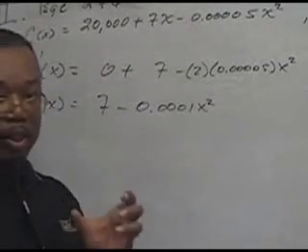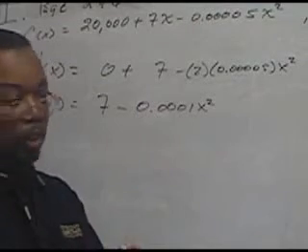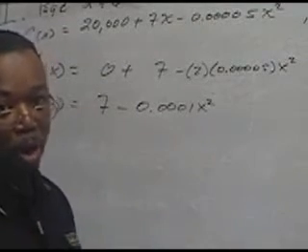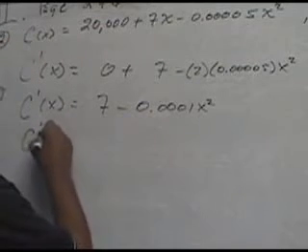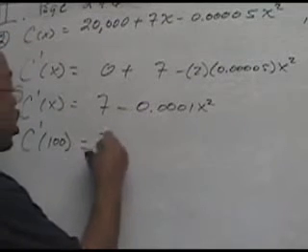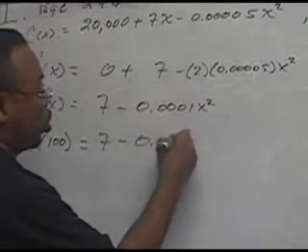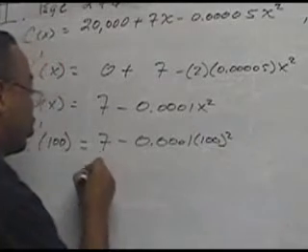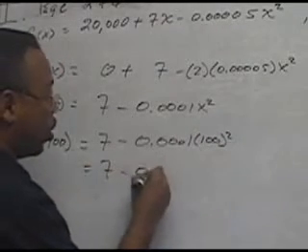Now, what is the marginal cost at the instant we have made the 100th item? How much is the 100th item costing us? Well, we'll put in 100 and we have 0.0001 times 100.